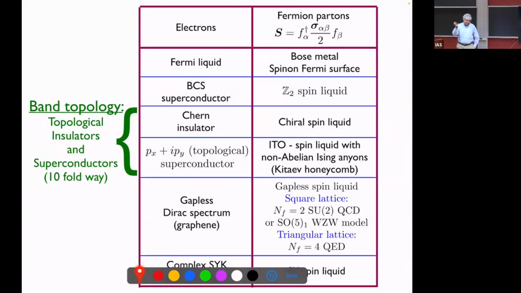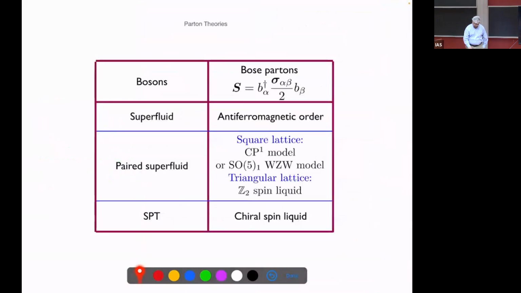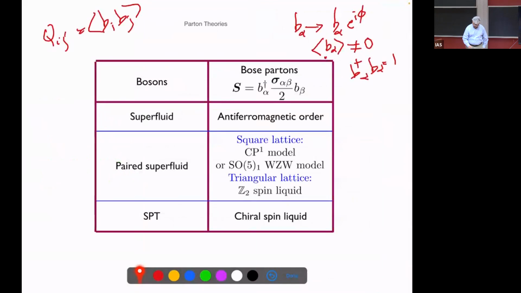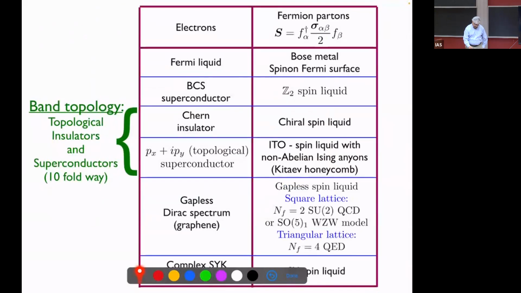The vison is just the same, it's always a boson. And now the bound state of this F and the m particle is the e, which is this B. So now you see that this B here in the Z2 spin liquid is a bound state of this F and the vison. So that's all been shown in very nice detail in very beautiful papers.